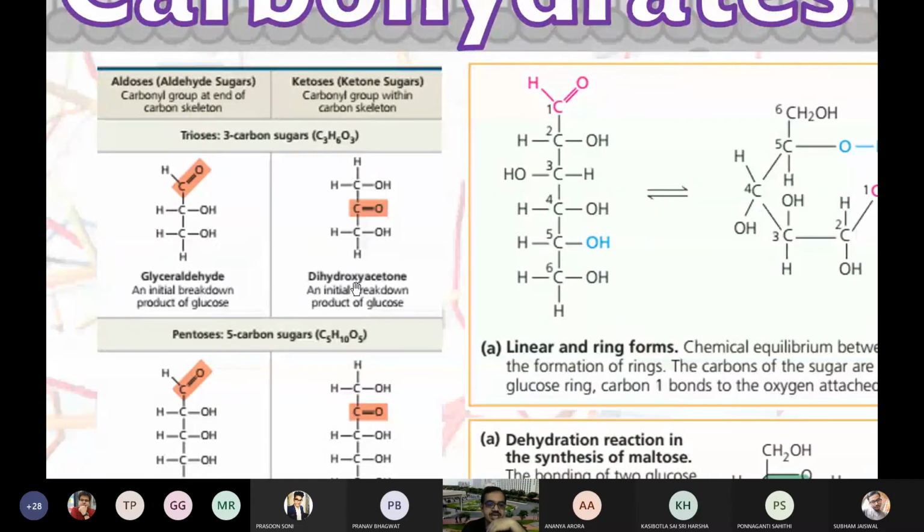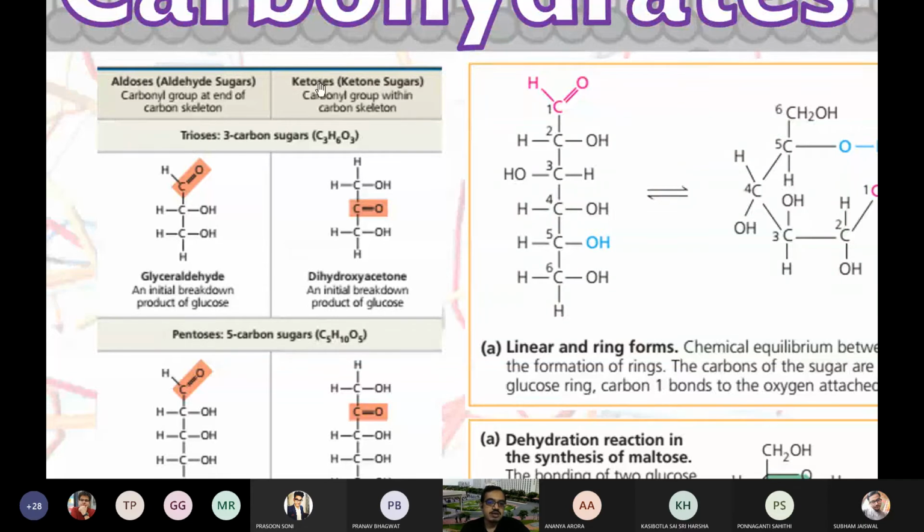Then we can have dihydroxyacetone. This is another intermediate in glucose breakdown. Here only the carbonyl group shifts to the middle, and this is a ketone. So when we have an aldehyde-based sugar like glucose, what do we call them? Aldose.